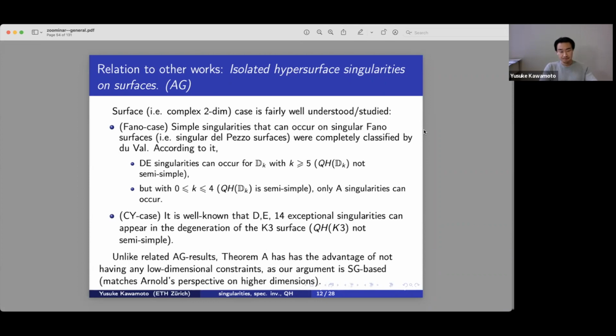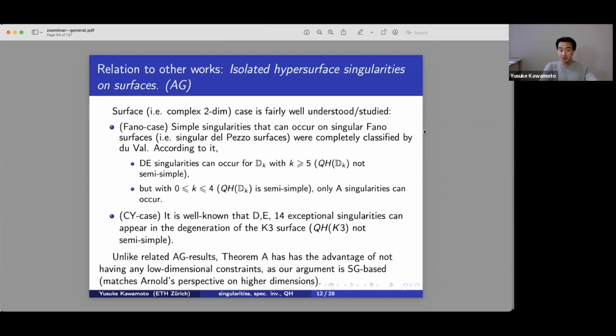And I'd like to emphasize that all these results in algebraic geometry are for surfaces. Because my method is based on symplectic topology, I don't have the dimensional constraints like in algebraic geometry.